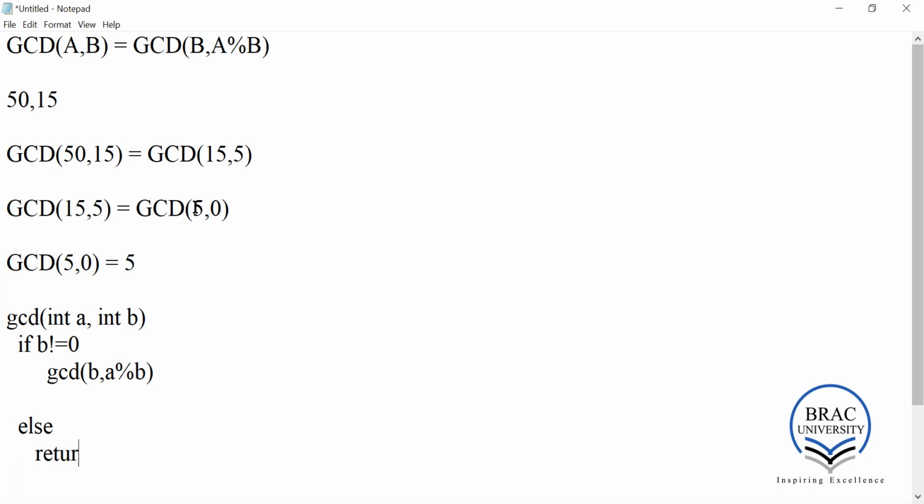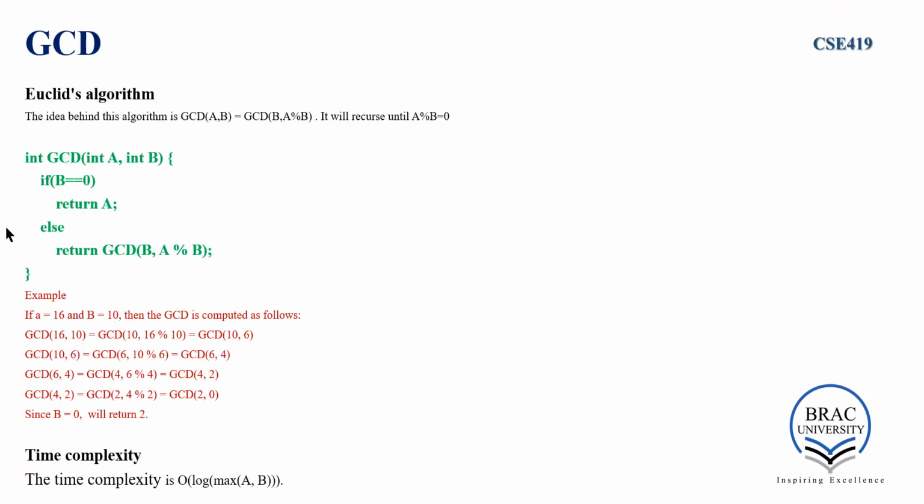Else return a, because b will be 0 and you have to return a. In case, here is the code, there is a problem.